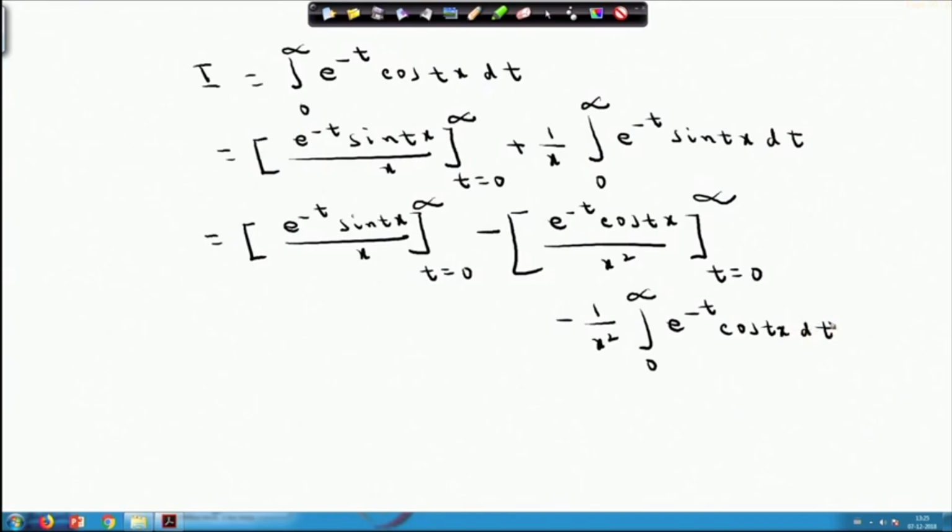Therefore, this portion is nothing but I, and once this is I, I am bringing that on that side.